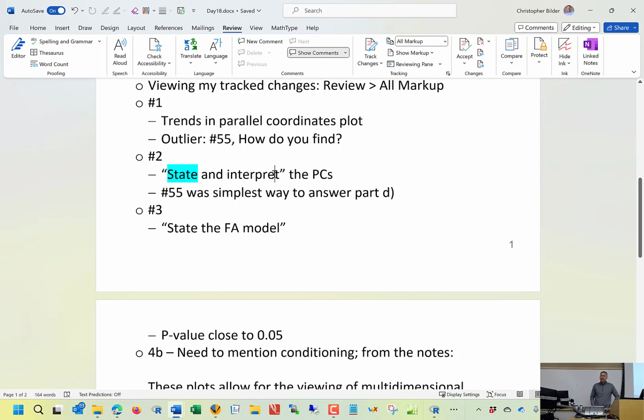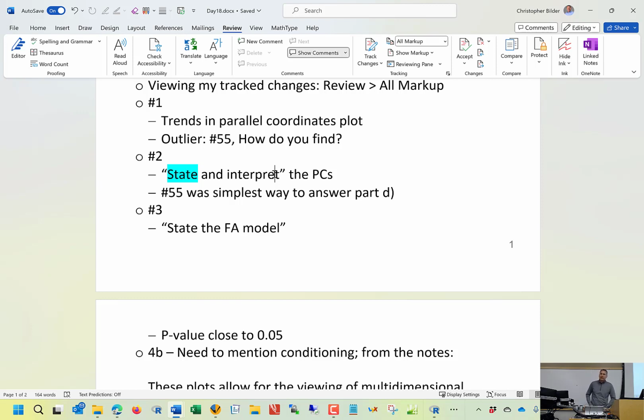Okay. So number 2, I think this is an example, as we actually just saw, where you have to be careful. Make sure you read the entire problem and look at what the problem asks. Previously, for that outlier, sometimes students missed actually identifying the observation number. In number 2, the first part said state and interpret the corresponding principal components.